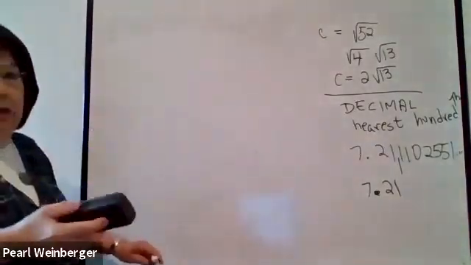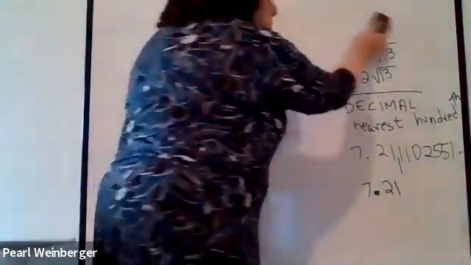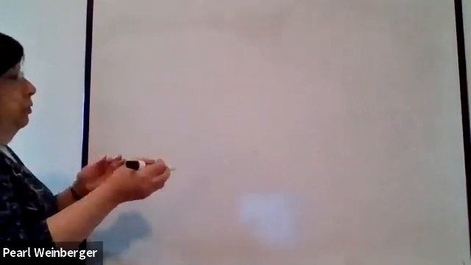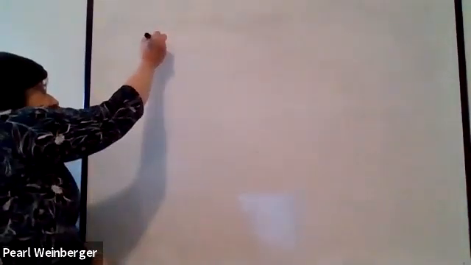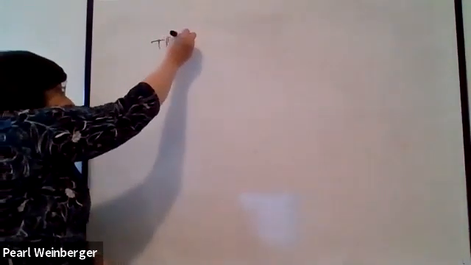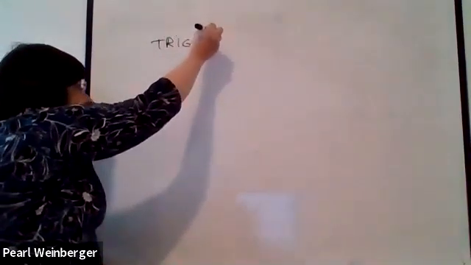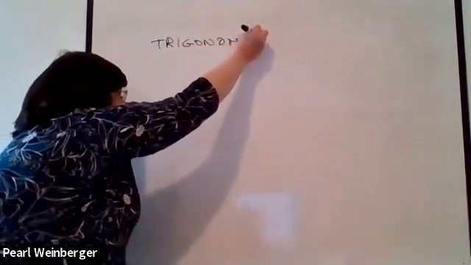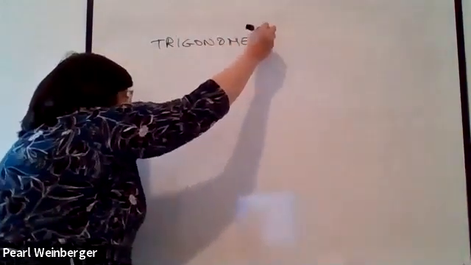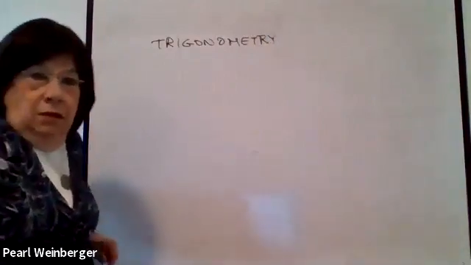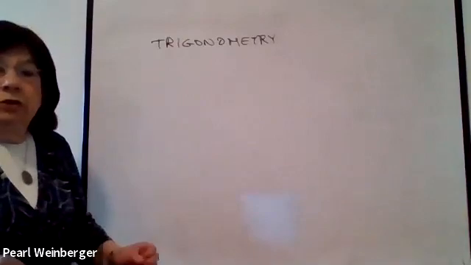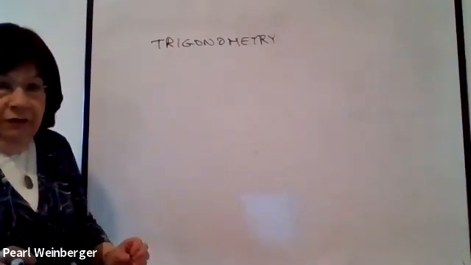We're going to continue our discussion of right triangles. And what we're going to be going on to is the trigonometry of right triangles. Basically, what we have to do in terms of trigonometry is just learn the definitions.